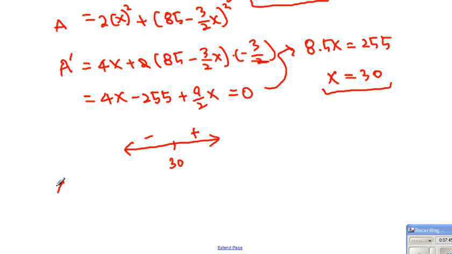Now, x equals 20, x equals 30, and x equals 50.